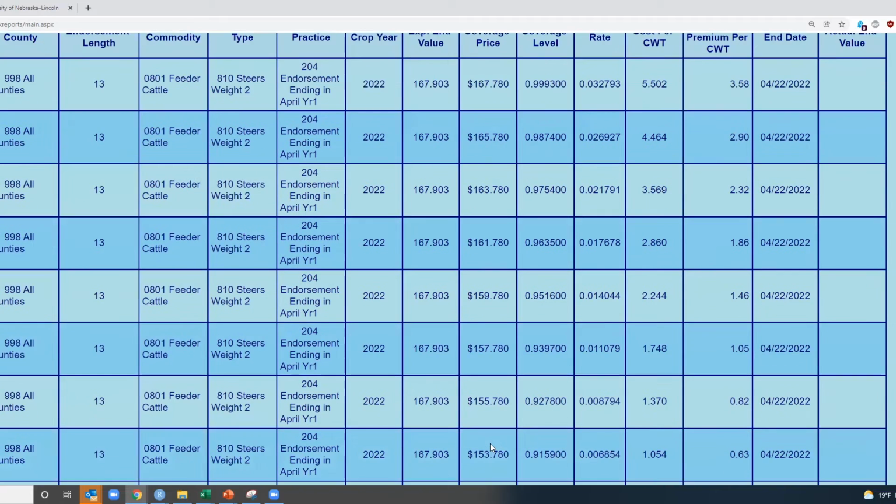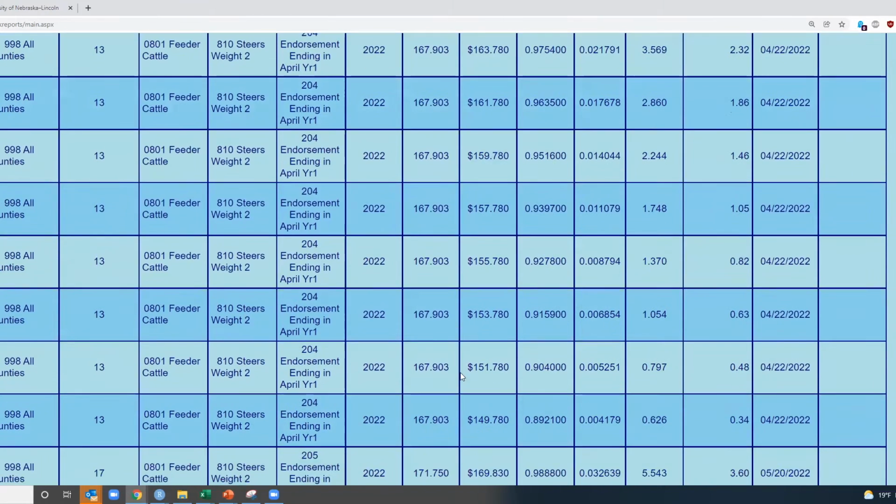Let's say maybe we're going down here. This is for 13 weeks. This is the coverage price. Maybe our cost of production is 150. And really all we're concerned about is making sure that I am profitable into the future. I just need to make sure I'm covering my costs of production.